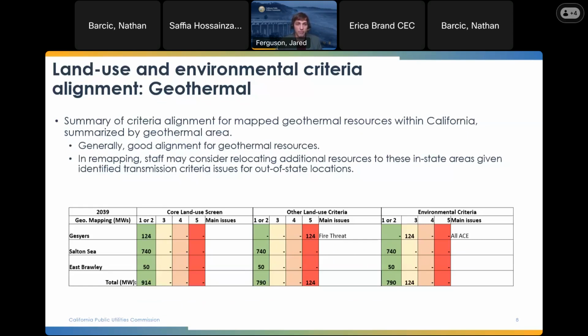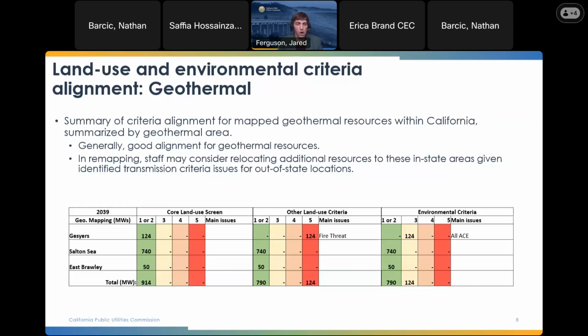And you see we have 120 megawatts at the Geysers area interconnecting to multiple substations in that area. We have about 740 megawatts in the Salton Sea known geothermal area, and then 50 megawatts in a known geothermal area further south in Imperial.